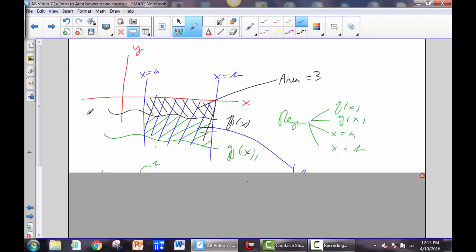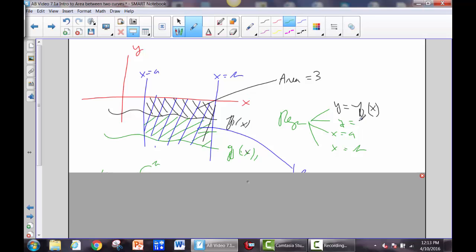Let's take a situation again here, and let me do these color-coded. So f of x is the black curve, so y equals f of x is the black curve, and g of x is the green curve.